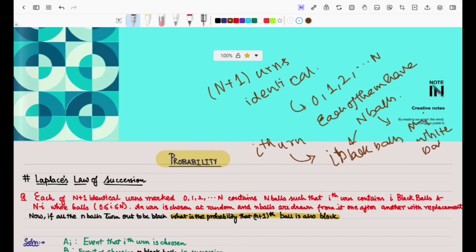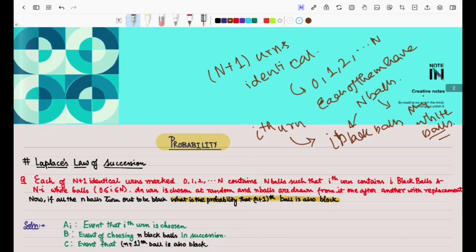Now we are asked to find this: an urn is chosen at random, and n balls are drawn from it one after another with replacement. If all the n balls turn out to be black, what is the probability that the n plus 1th ball is also black? This is our main question.